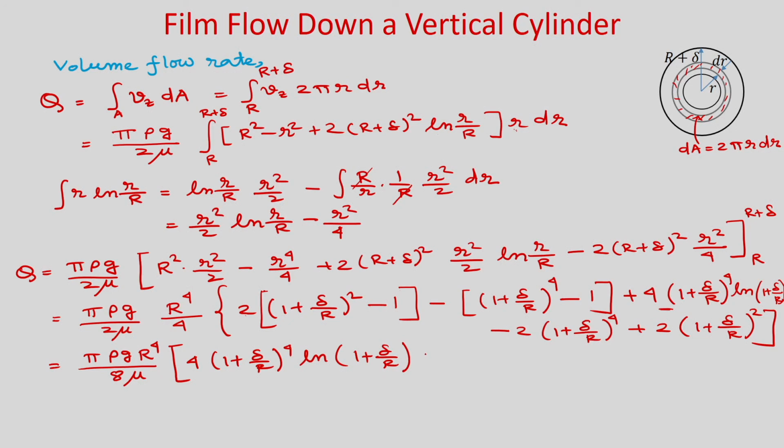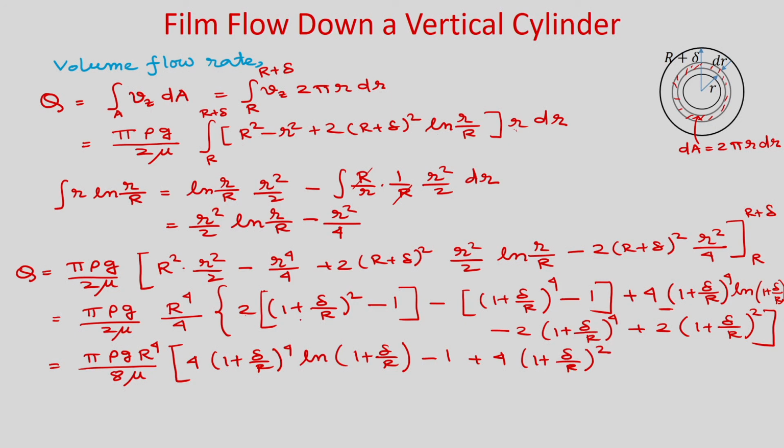Okay. Then here we have minus 2 and plus 1. So, it will be minus 1. Then we have 4 into 1 plus delta by r square.